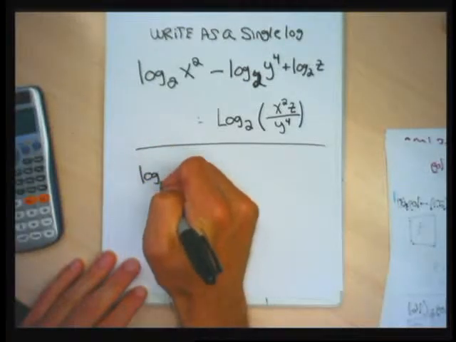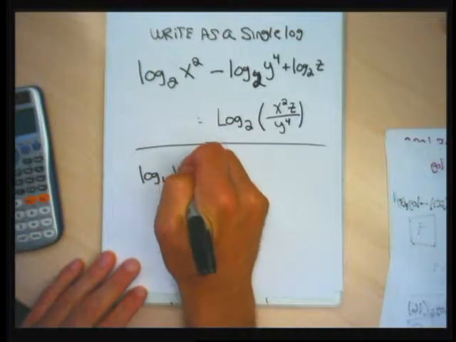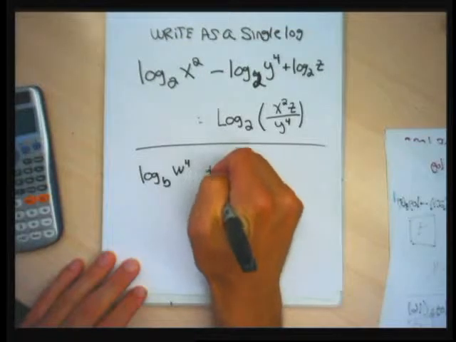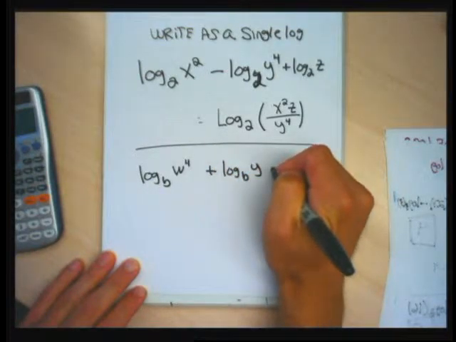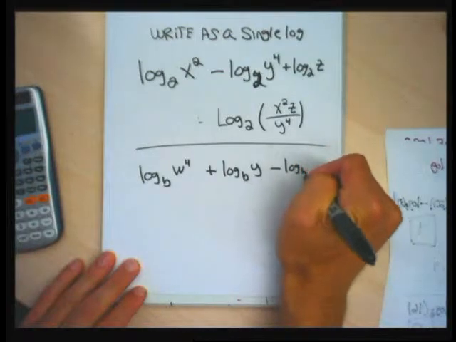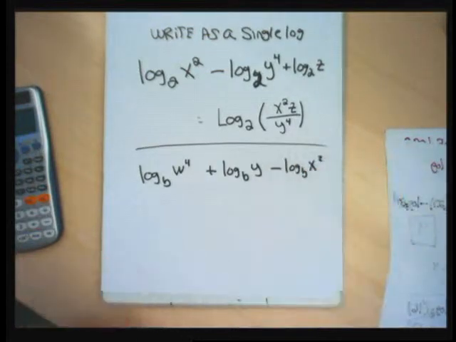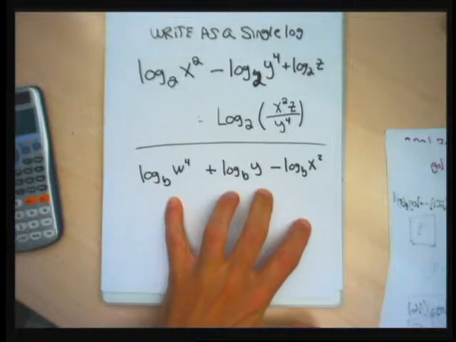So how about the log base b of w to the 4th plus the log base b of y minus the log base b of x squared. If I wanted to write this as a single logarithm, it starts off as 3 logarithms. They're all the same base, so they can be condensed into one logarithm.